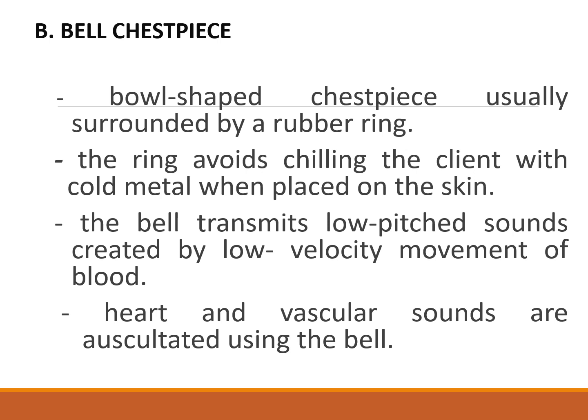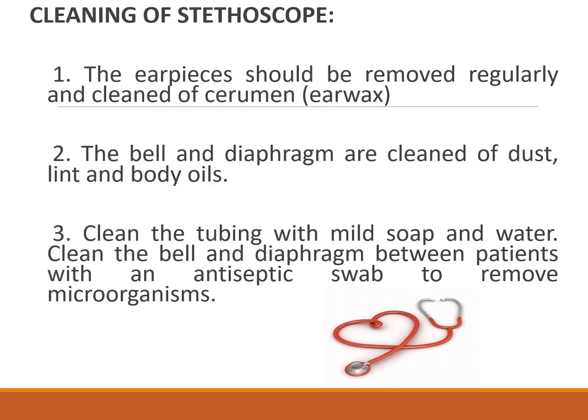Compressing the bell against the skin reduces low-pitched sound amplification and creates a diaphragm of skin. Some stethoscopes have one chest piece that combines features of a bell and diaphragm. When you use light pressure, the chest piece is a bell, and exerting more pressure converts the bell into a diaphragm. The stethoscope is a delicate instrument and requires proper care for optimal function.